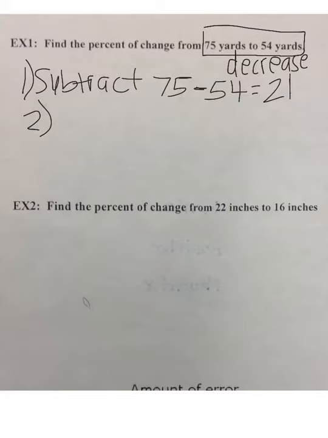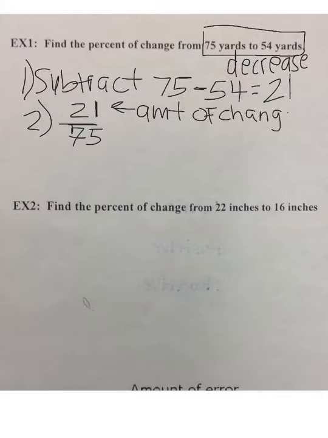So I'm going to take this 21 and write 21 over the original amount. Again, the original amount is what we started with, which is 75. So I put it over 75. Let's make a little note. Right here is the amount of change, and that is getting written over the original amount.